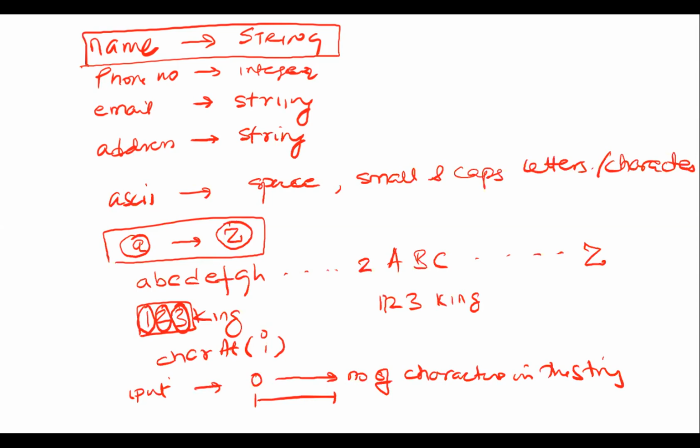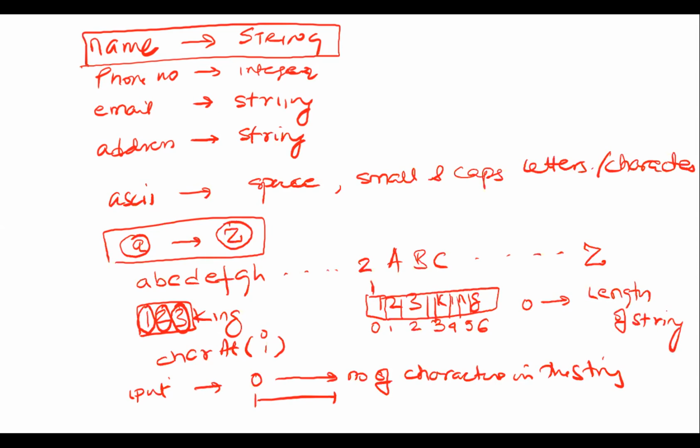So assuming it was 123 King, this is basically a string, and these are all the characters in the string. So this is position 0, 1, 2, and then, there is no space, 3, 4, 5, 6. So you go from 0 to the length of the string.